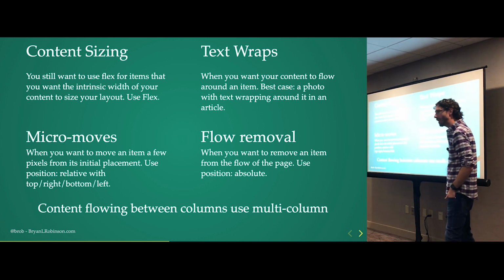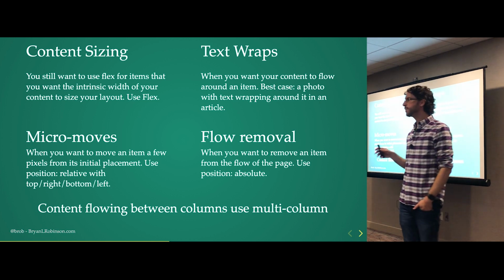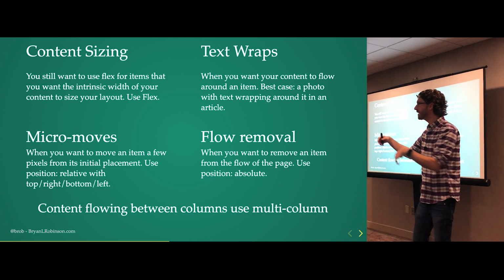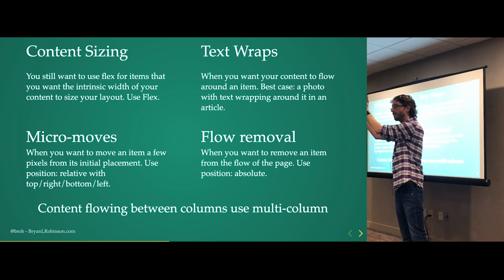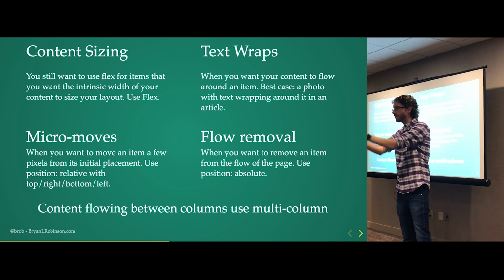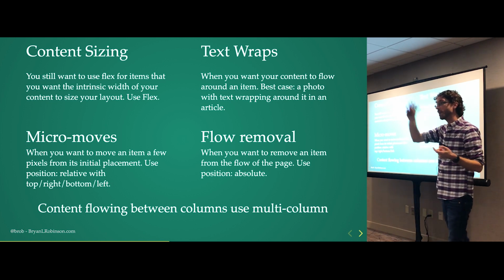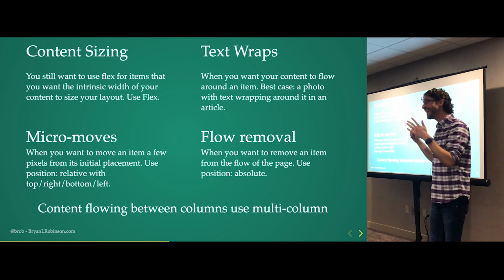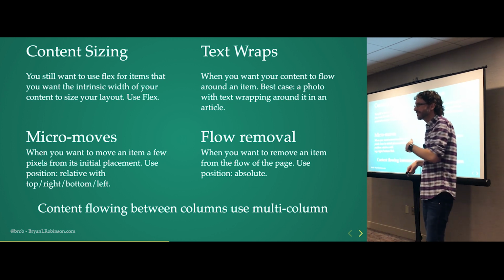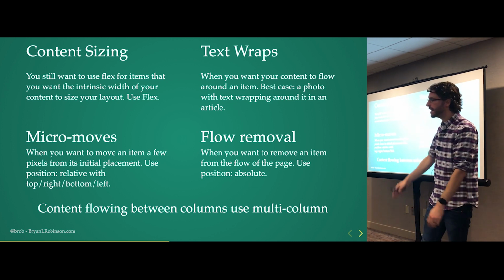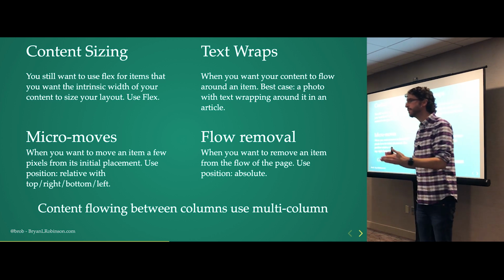And then down here, probably can't see it in the back, content flowing between columns. And what I mean by that is I've got a 3-column layout, and I've got text that starts at the top left, flows down, pops up to the middle column, flows down, and pops up to the right column and flows down. Grid doesn't do that. Grid doesn't want your content flowing through it. Flex can kind of do it. Like I could hack Flex to do that, but who wants to hack CSS in this day and age? There's a CSS specification called the CSS multi-column specification.